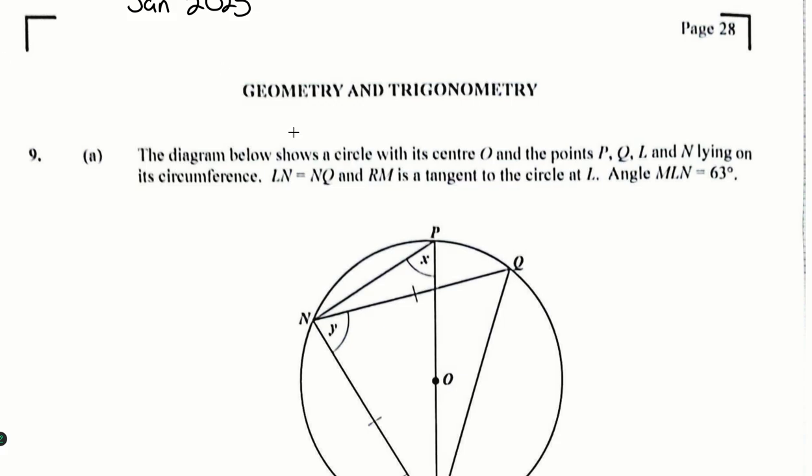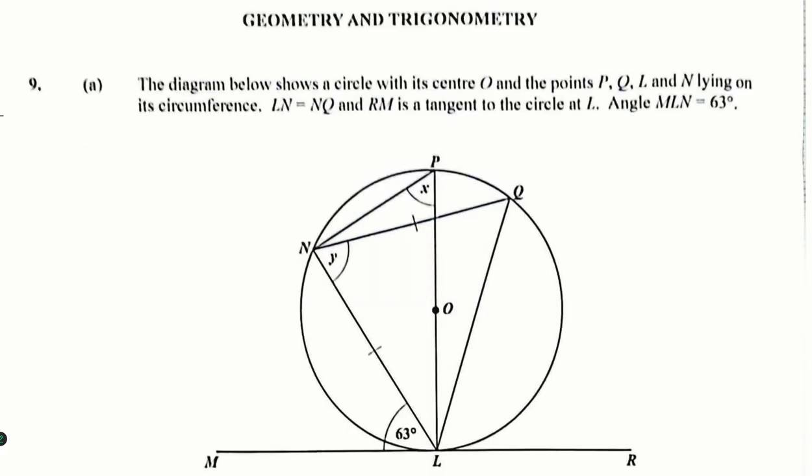The diagram below shows a circle with center O and points P, Q, L, and N on its circumference. LN and NQ are equal, so we can see this triangle is an isosceles triangle because its sides are equal.